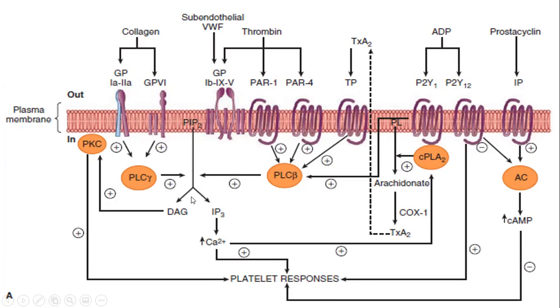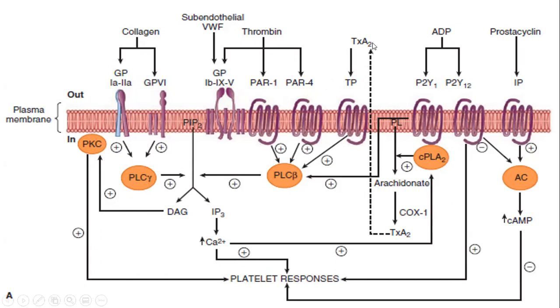Once degraded, it would be converted into diacylglycerol and inositol triphosphate. This inositol triphosphate would then facilitate the increase in intracellular calcium, increasing your platelet responses. Your diacylglycerol would activate another second messenger, which is protein kinase C, that is also needed for the activation of your platelets.